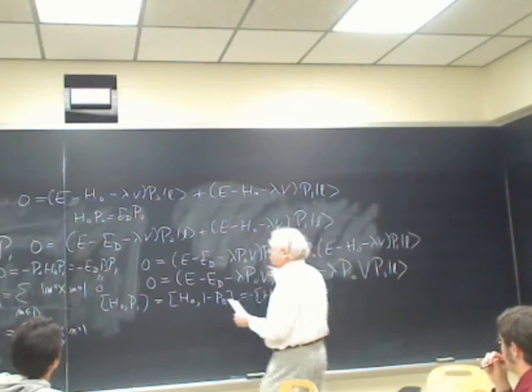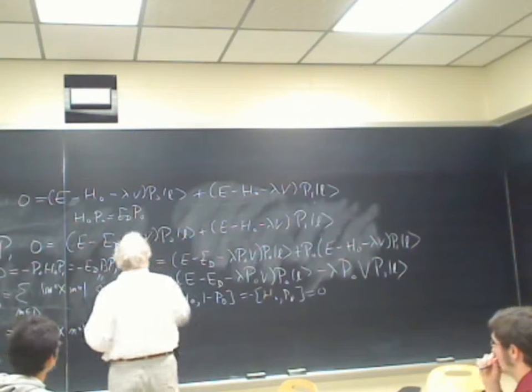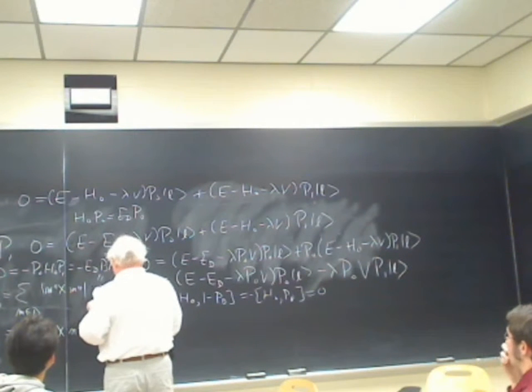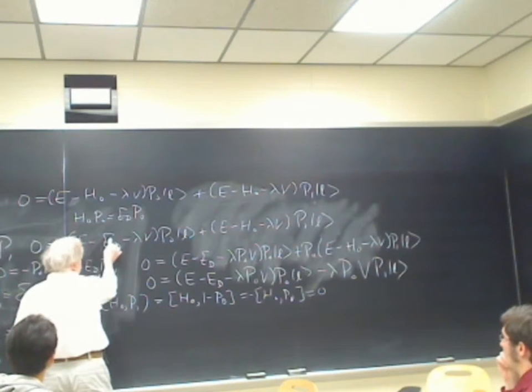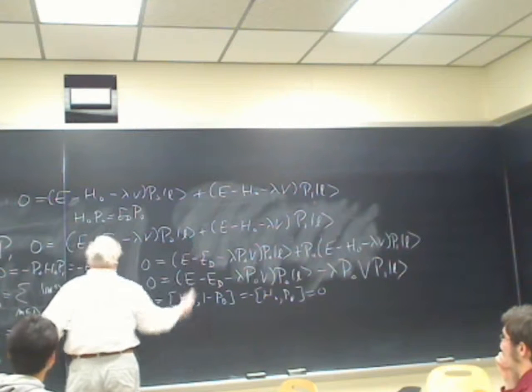And so when we multiply this equation from the left by P1, what we get is that the P1 hitting E minus E_D and then hitting P0 gives us 0.